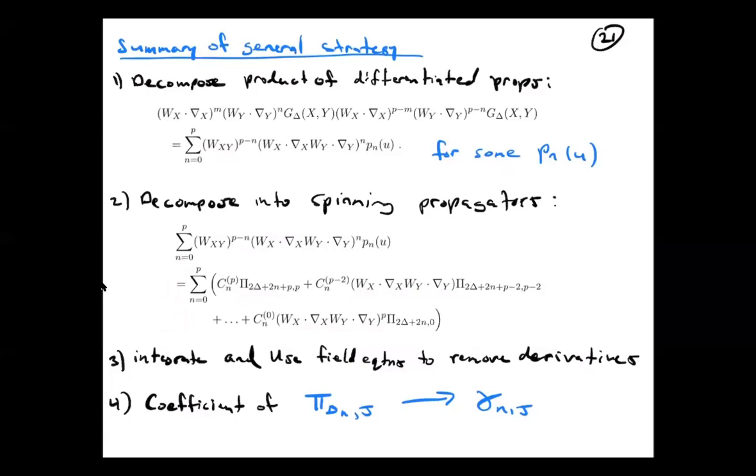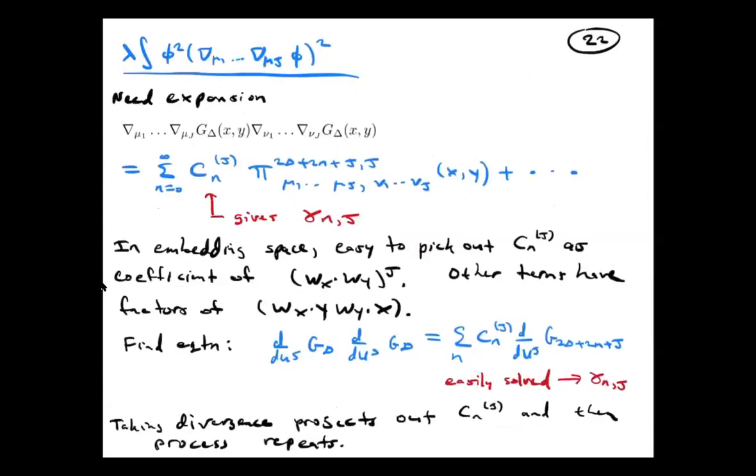You'll get some prefactors, but at the end of the day all the derivatives are removed. So under the integral sign you have purely an expansion in terms of propagators, and then you just look at the coefficient of each term, and that coefficient will give you the corresponding anomalous dimension.